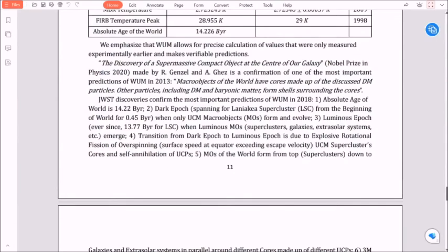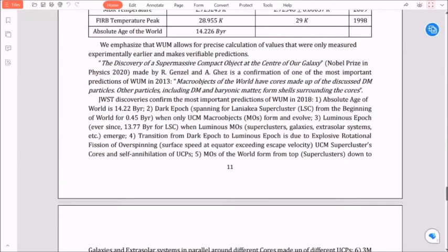Dark epoch, spanning for the Laniakea supercluster from the beginning of the world for 0.45 billion years, is when only UC matter macro objects form and evolve. Luminous epoch, ever since for 13.77 billion years for the Laniakea supercluster, is when luminous macro objects, superclusters, galaxies, extrasolar systems, etc. emerge.